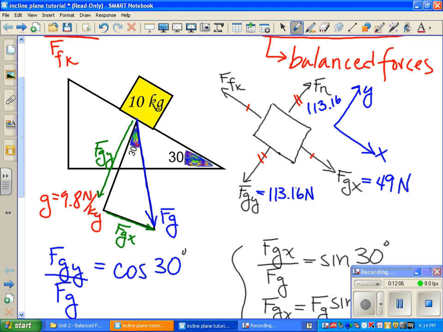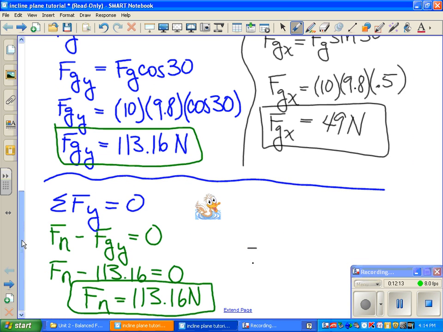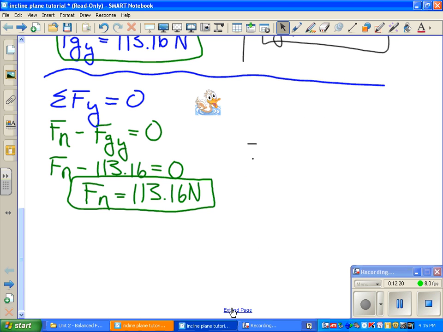The only one left is this force of friction, and it is in the x-plane. So we can go down here. That means we need a net force equation for the x's. I think we need more page. That's right. So now if we look in the x, sum of the forces in the x, again equaling 0 because everything's balanced, we had the force of gravity in the x that was pulling us down, and the force of kinetic friction was slowing us down.